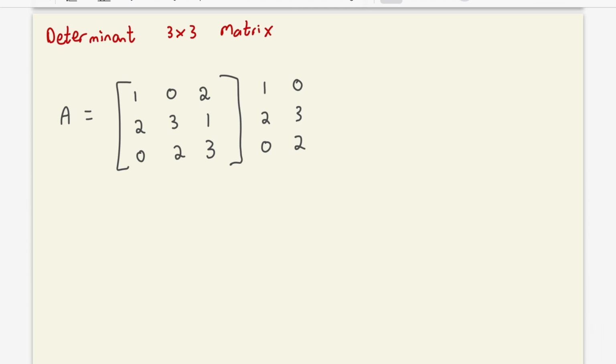Then to get the determinant, we're going to do a similar multiplication across diagonals. For the 3 by 3 case, the determinant of A is going to be the sum of the diagonals going in this direction.